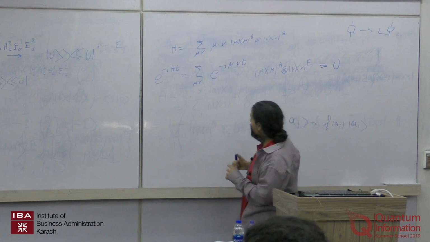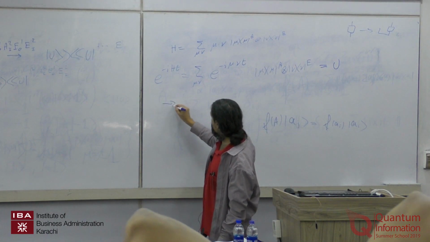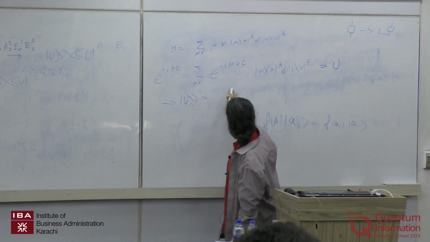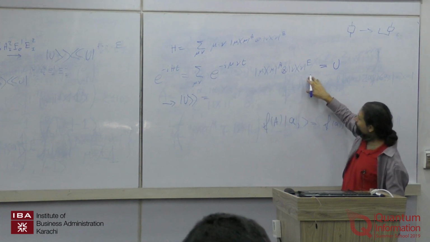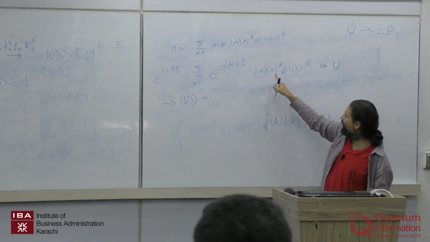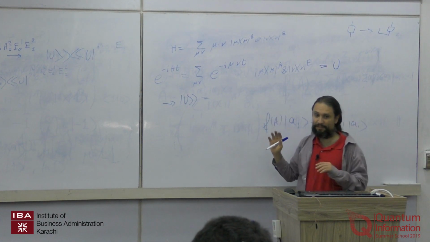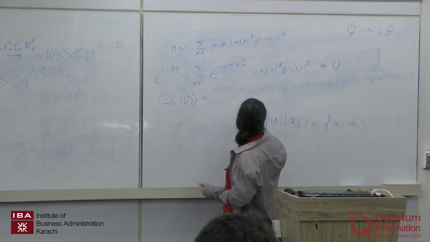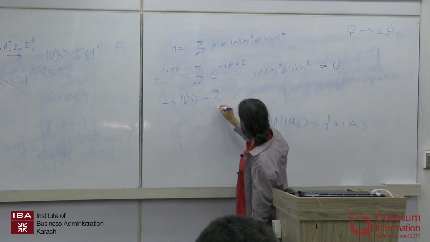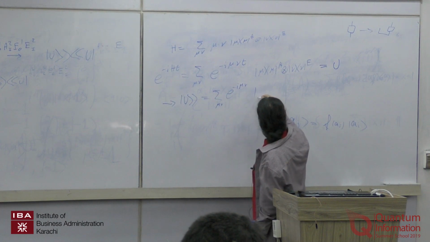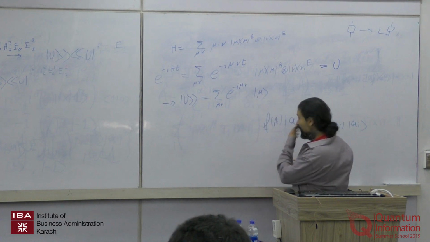Okay, so this is really all there is to it. The double ket state is defined as exactly the same expression. It's just every time you see a bra, you have to transform it into a ket. It's as simple as that. It's just a rule. So you will have sum over mu and nu, e to the minus i mu nu. And now the only thing is about the labels.